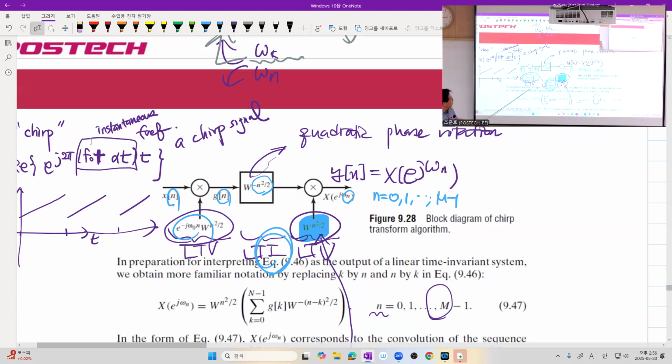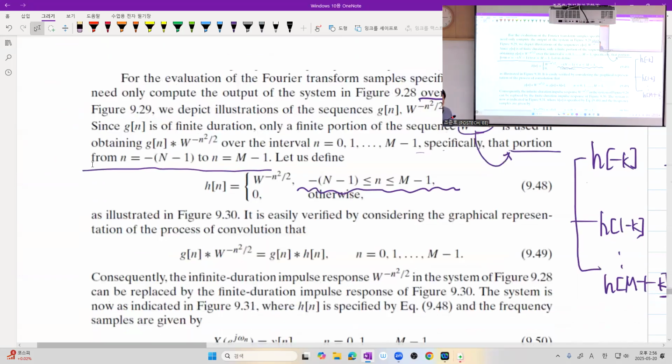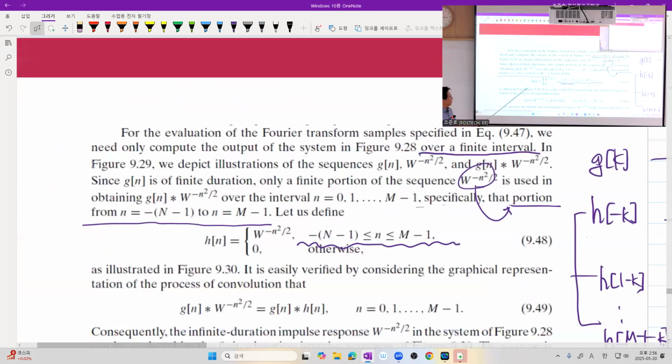From the fact that you have only capital N possibly non-zero samples of x, and you evaluate at capital M positions, here goes the idea. You find it yourself, okay? h of n may be assumed to be of finite duration. And what was N? The length of x. What was M? The number of different radian frequencies, right?